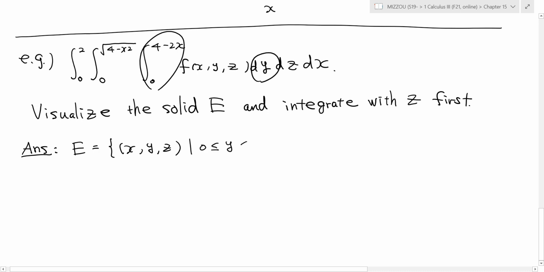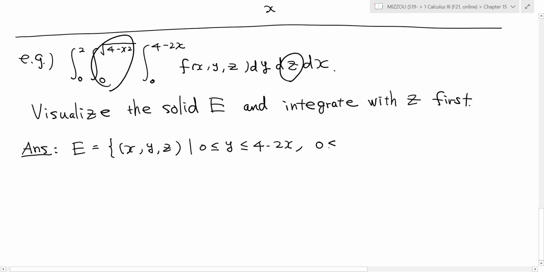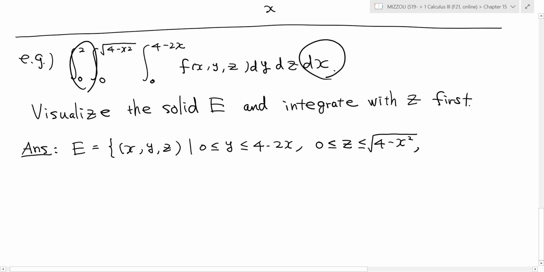So that's the first limit. And then the next variable is z, and z is from 0 to root of 4 minus x squared. And then finally, the variable x is between 0 and 2.